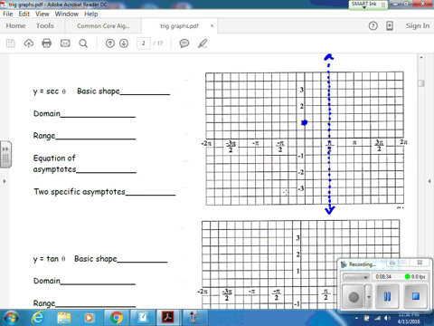3 pi over 2, or how many degrees? 270, right? So at 270, because we're talking about this one right here, what is cosine? Cosine is 0, which means that here, secant is going to be undefined.